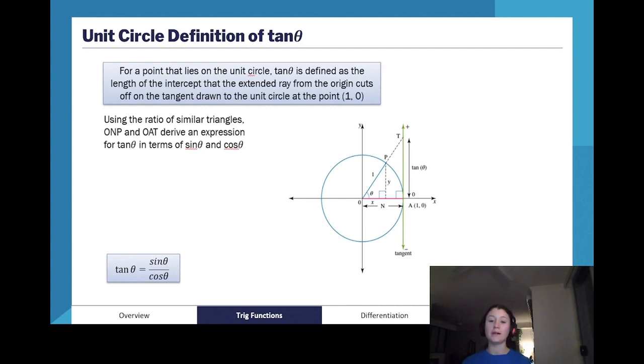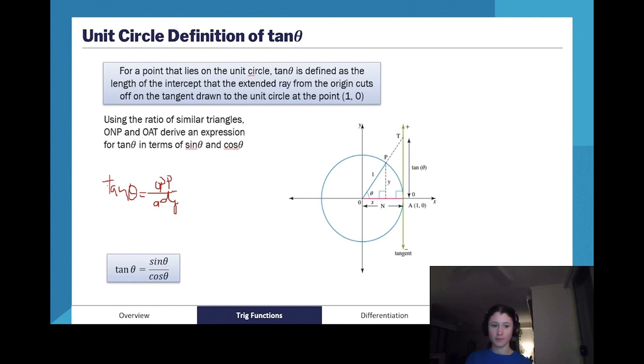Now let's get into the unit circle definition of tan theta, and this one is a little bit more complicated. Tan theta is equal to sine over cos. Have a think about this. Tan usually is equal to the opposite over the adjacent.